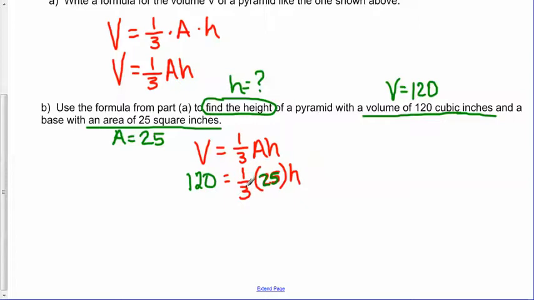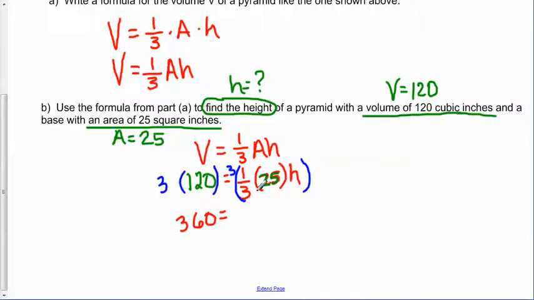And since we have this fraction in here, I'm going to recommend that we get rid of that fraction first thing. We're going to multiply both sides of this equation by 3 to get that fraction out of there. So we're going to multiply the left side and the right side each by 3. On the left side, 120 times 3 is going to give us 360.